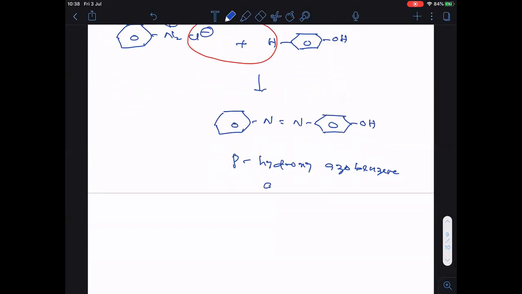And remember everyone, this para hydroxy azobenzene is an orange color dye. In the preparation of dyes, it is used.